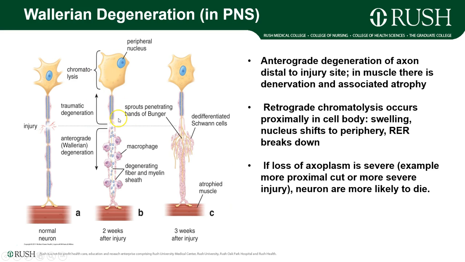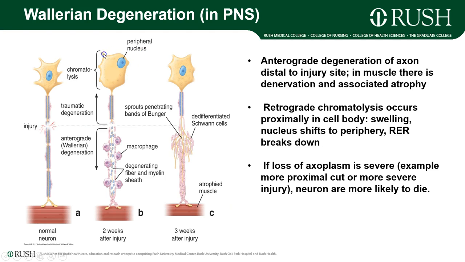On the other hand, in the retrograde events, the cell starts to swell up. There is chromatolysis happening in the proximal part of the cell body. You notice here, for example, that there's a shift of the nucleus from the central to the peripheral site. There's also a breakdown of the RER, or Nissl bodies.